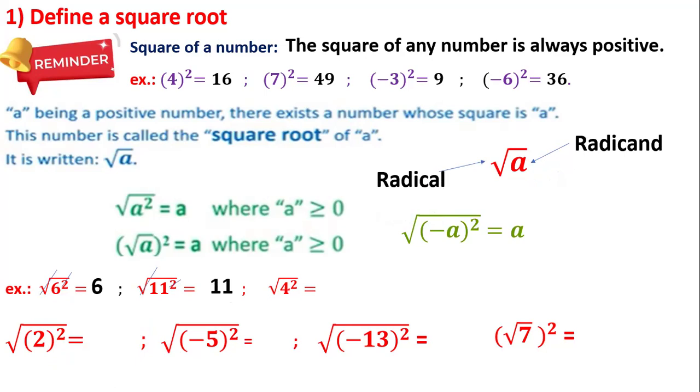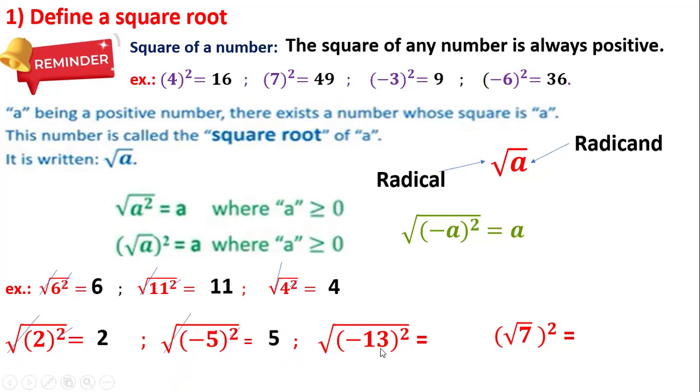Radical 4 squared: also the square cancels the radical, and my answer is 4.